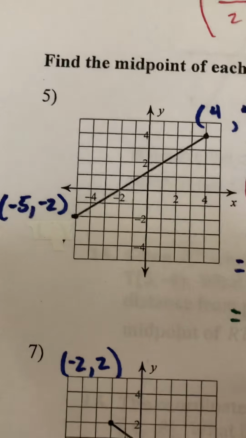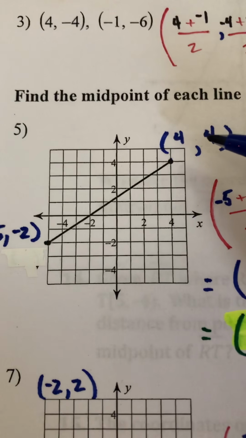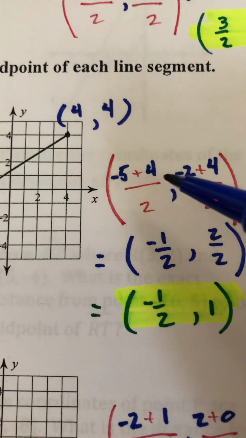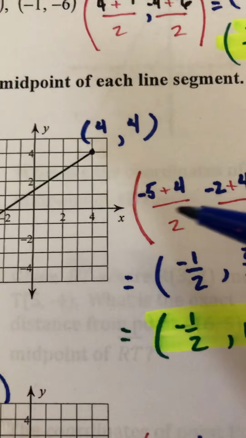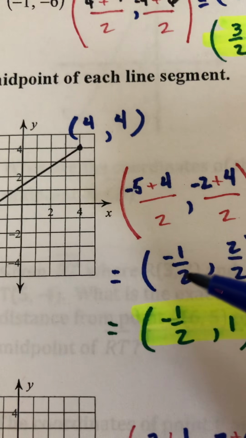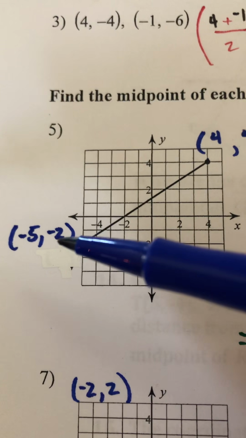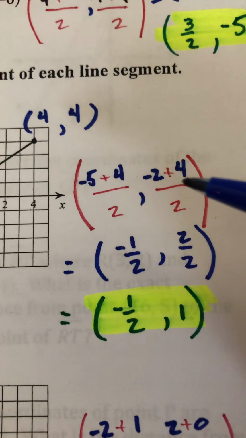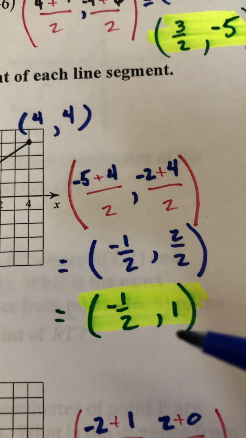I had coordinate -5, -2, and I had coordinate 4, 4. If I added my x's together and divided by 2, this would give me -1/2. If I added my y's together, -2 plus 4, that gives me 2 over 2, and 2 over 2 is 1.